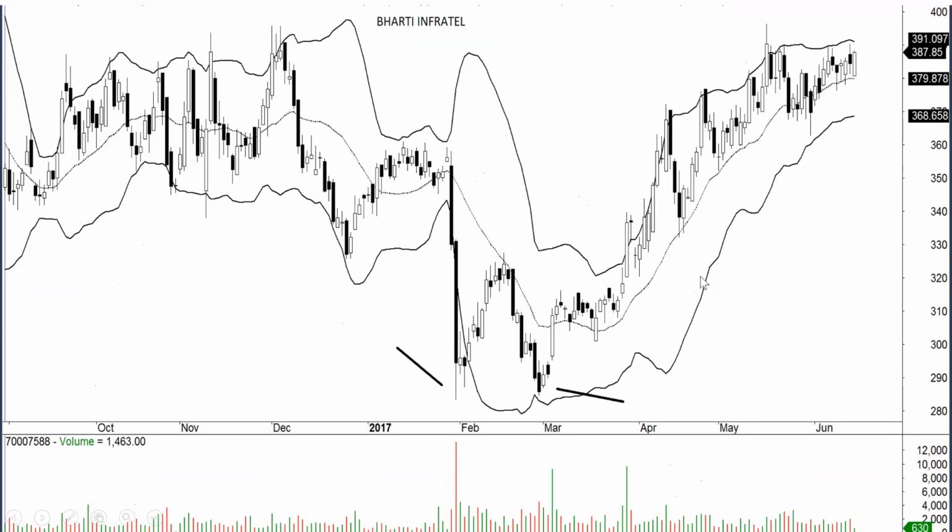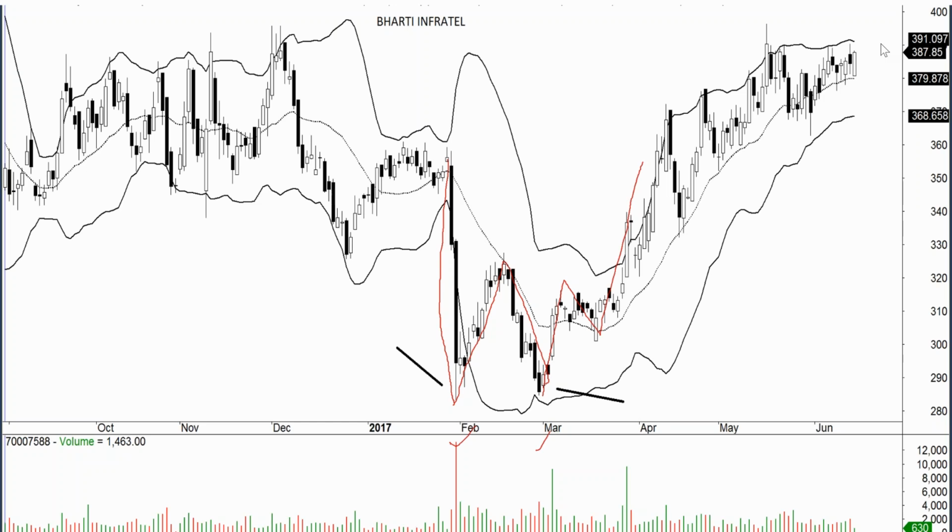Let us see another chart. This is Bharti Infratel. It comes down, prints outside the Bollinger Band, takes resistance at the middle band, closes inside the band. Check the volumes. Now it moved up again.